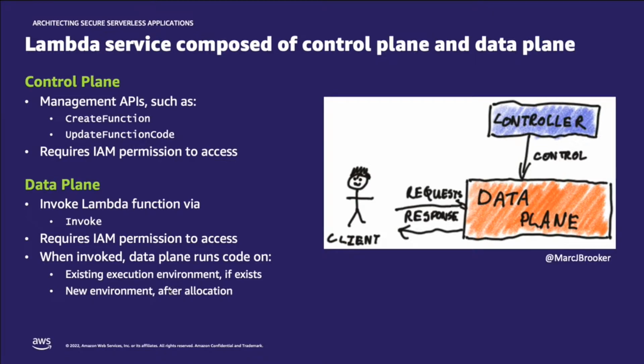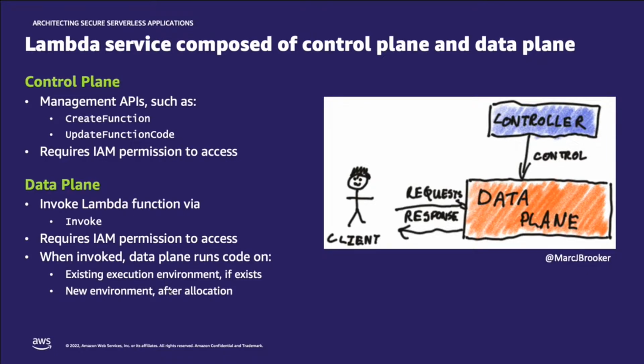So when a Lambda function is invoked, the data plane allocates an execution environment to handle that function, or if there is an execution environment already running, it's going to pick up the one that is already set up for that function and then run the function in that particular environment. So generally speaking, this is the key component. But why is this so important?